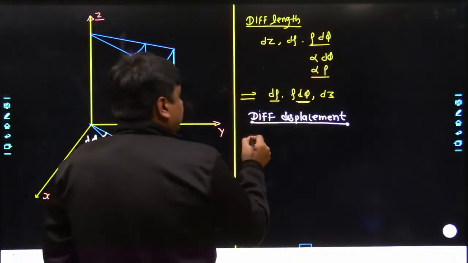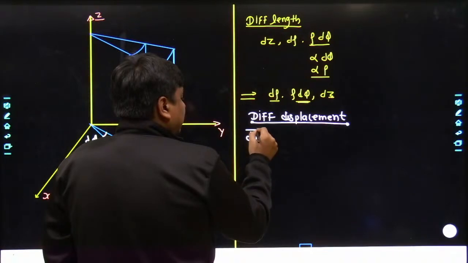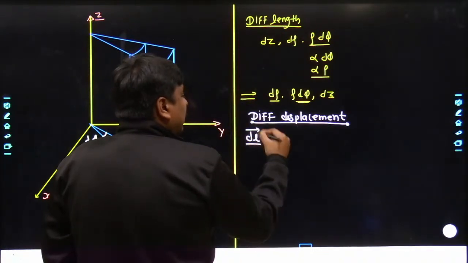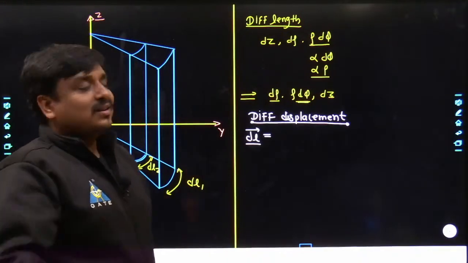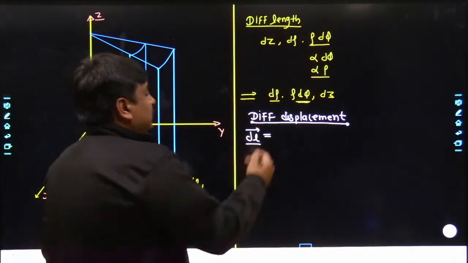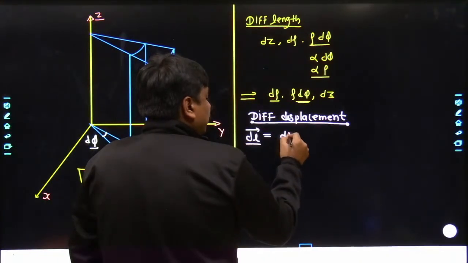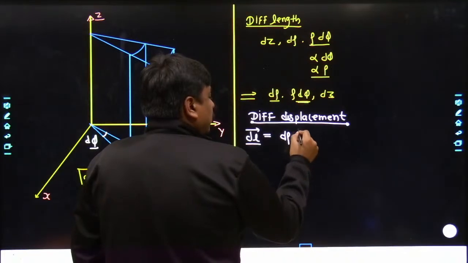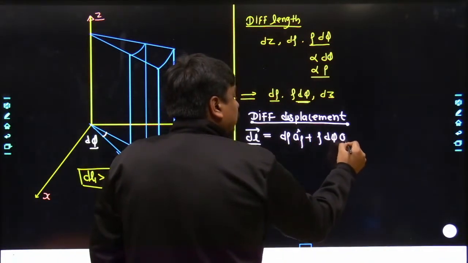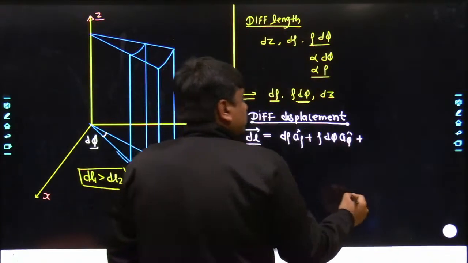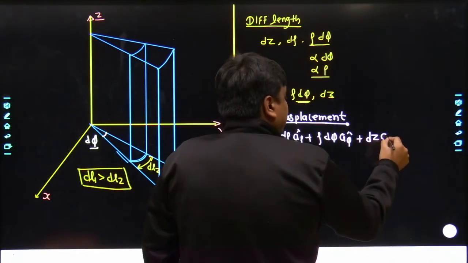So rather than writing it dl, I would be writing it dl vector. Whenever you have a differential length in the form of a vector, by default we are dealing with the differential displacement, rather than the differential length. So here d rho is the differential length in the direction of a rho cap. Similarly rho d phi is the differential length in the direction of a phi cap, and here goes dz in the direction of az cap.